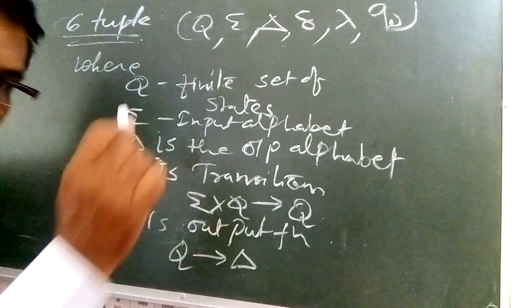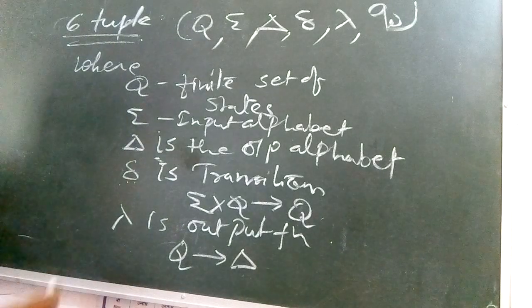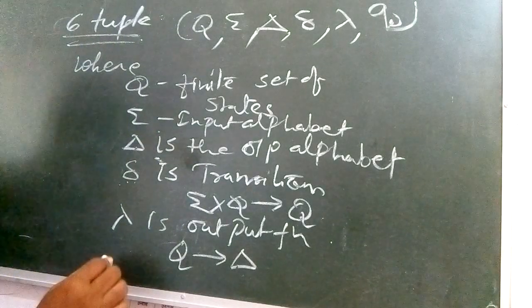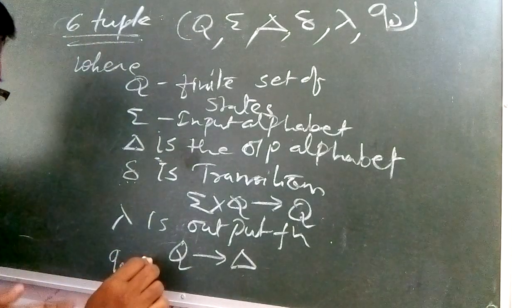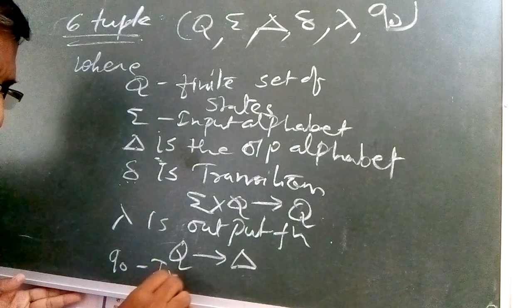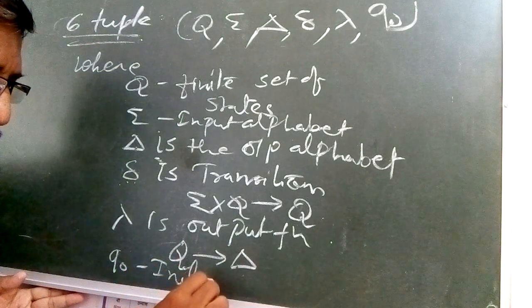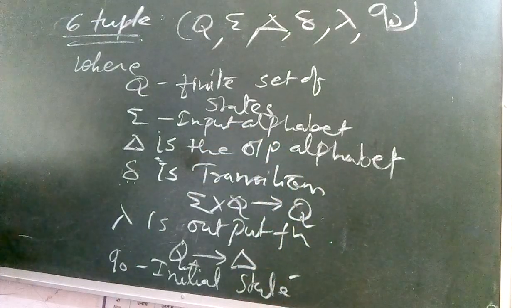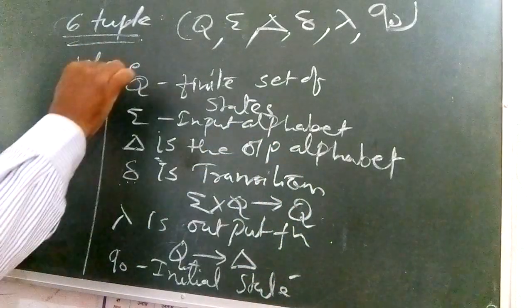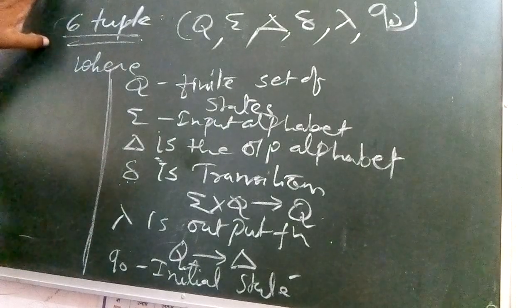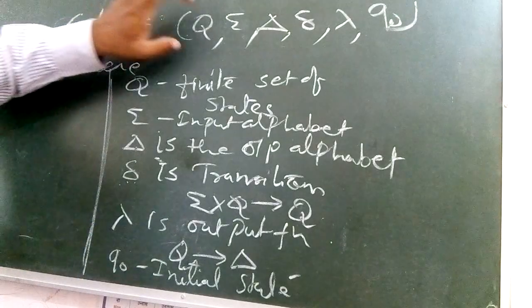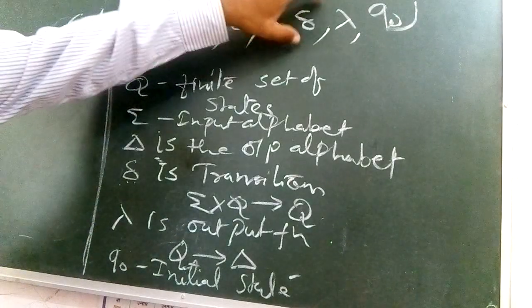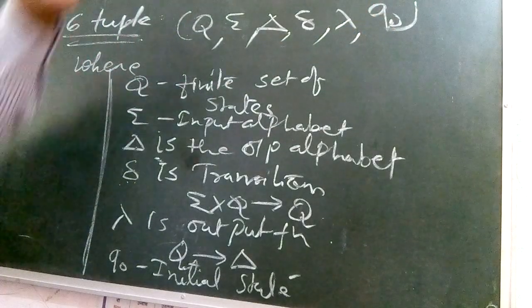State will map only to output, and q0 will be the initial state. This six tuple constitutes the Moore machine: Q, sigma, delta, lambda and q0.